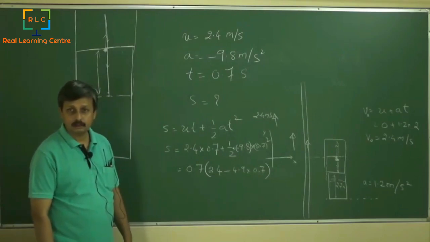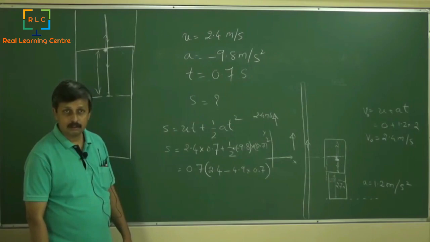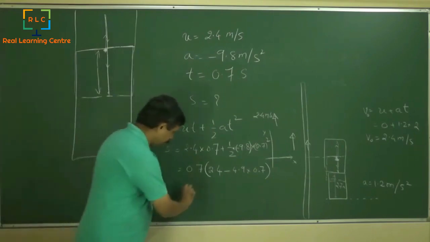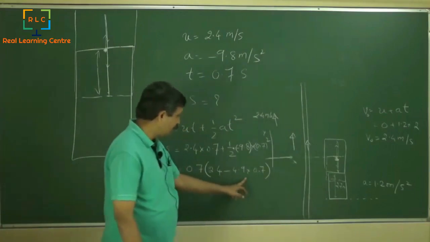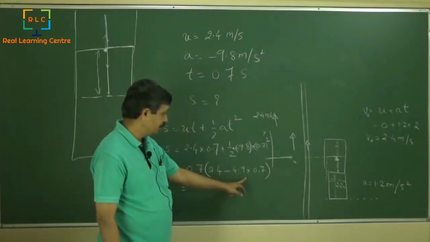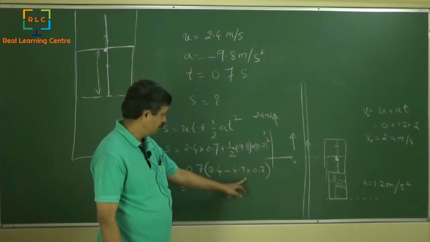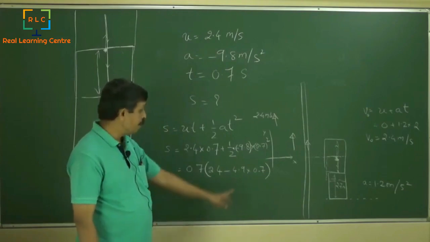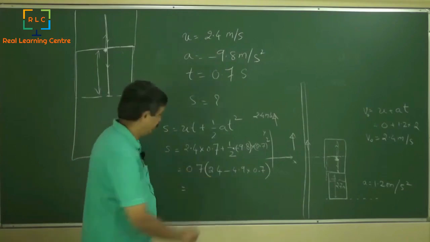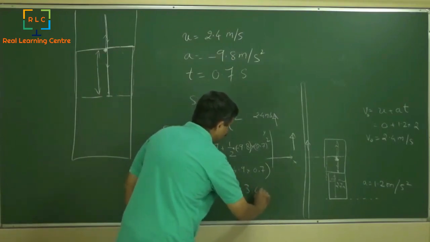Correct? Is it correct? So this is actually how much? Correct. It's almost 3.4. So 2.4 minus, let us say, 3.4 approximately.